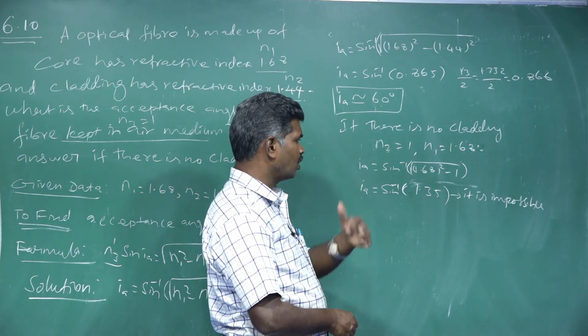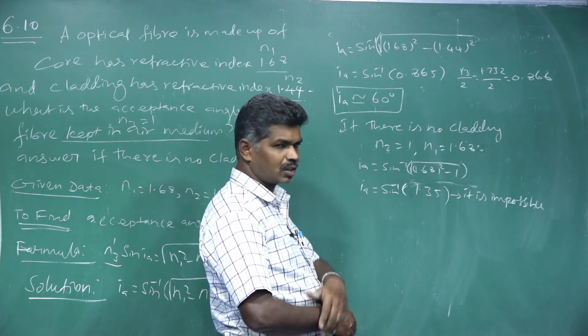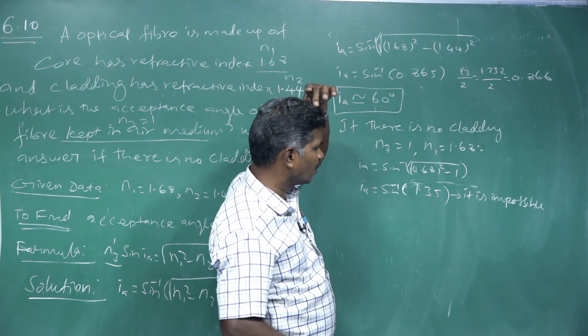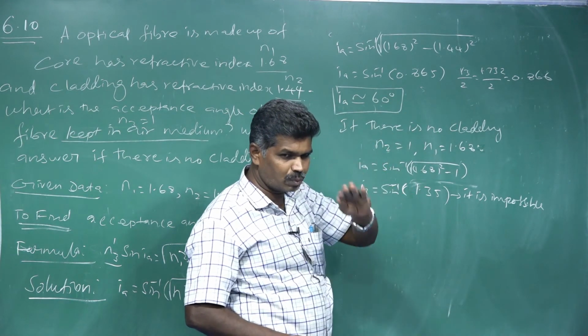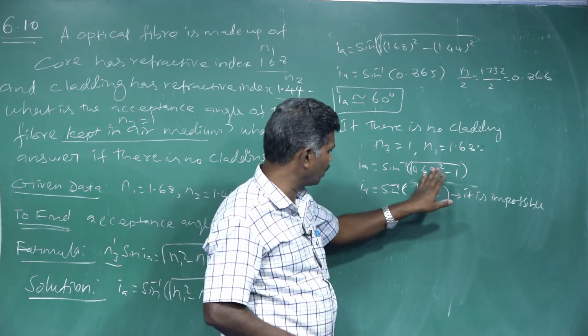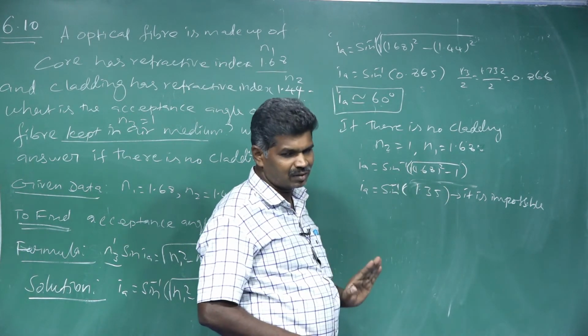So what we need to see is that this value, square root of n1 square minus n2 square, should be less than or equal to 1, then only will we get the sin inverse value.